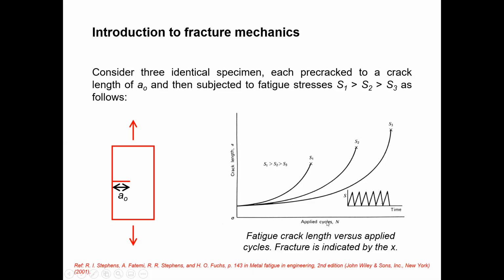You can see it will take a long time to reach fracture. So this is the fracture point, and it will propagate more and more. So this is the fracture point. You can see this is the cross line, the cross point. Assume this is 100, this is 150, this is 200, just for understanding. So within 100 cycles, this gives A1, and this is A2, A3.